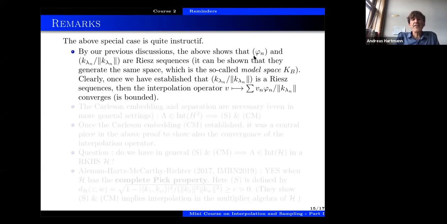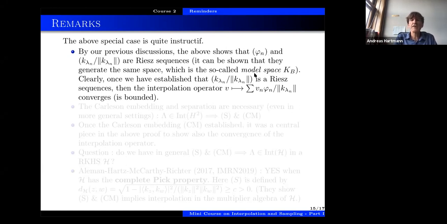So we have seen now that the Carleson condition implies interpolation. By the theorem from yesterday, this implies that the normalized reproducing kernels are a Riesz sequence, and so also the phi n will be a Riesz sequence.